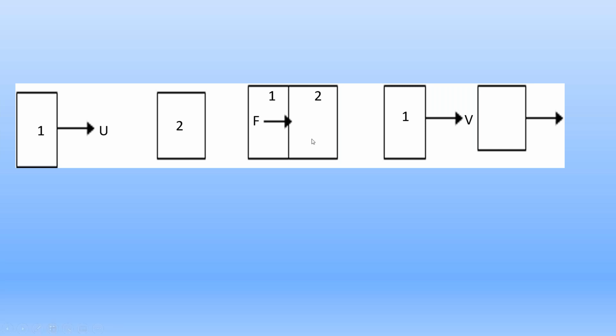So check this initial velocity. The initial velocity is in the direction of force F. Final velocity is also in the direction of force F. So the initial linear momentum is in the direction of the force F. Final linear momentum is also in the direction of force F. So according to Newton's second law, F is equal to mu minus mv divided by time.